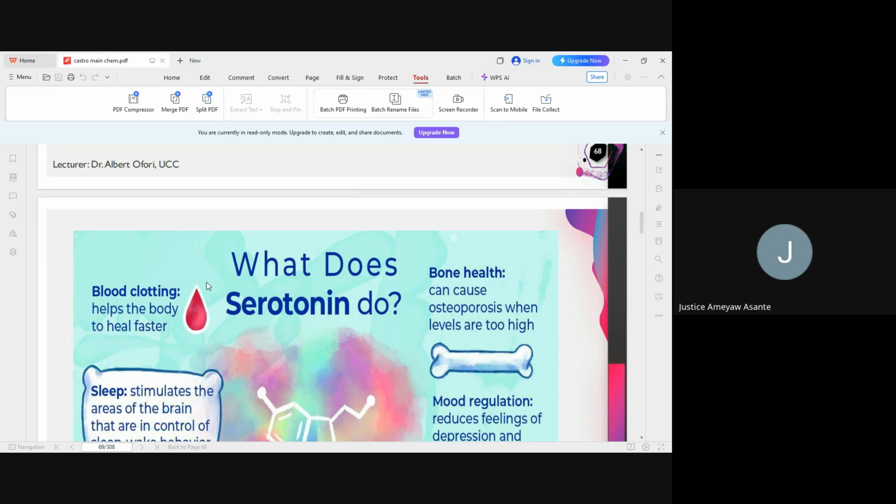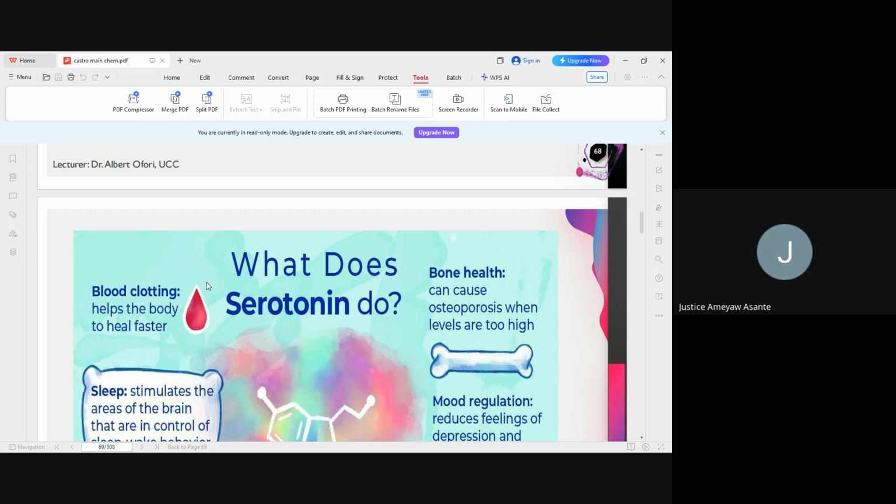Now, if there is a cut and your blood cannot clot, can the wound be healed? No, sir. So when you have a cut, because the blood can clot, don't you see the healing process that begins? If the cut is so small, you can easily see it heal without even putting any medicine there. It is a result of clotting of the blood, and this is one of the hormones that control it. So in our body system, we need it.